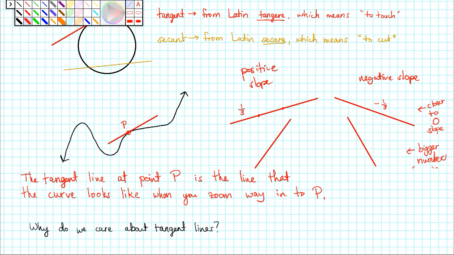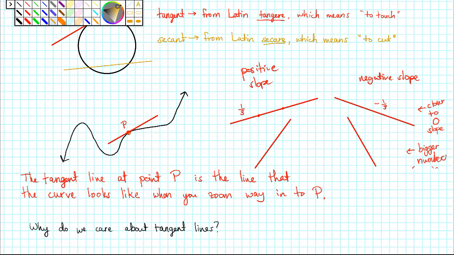Okay, so a secant line in general is going to be, and we're going to use secant lines, a secant line is not just a line that cuts through a curve like it does in a circle, but it's one that's generally going to go through 2 points on the curve.